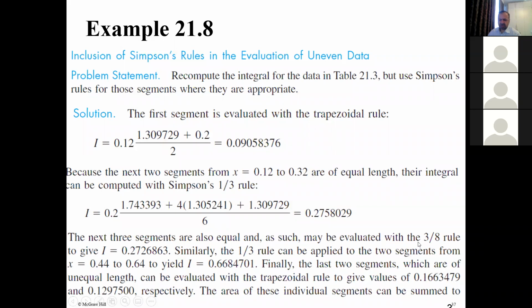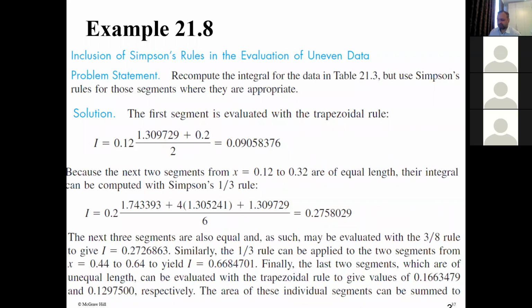Why the 3/8 rule in the next three segments, and why Simpson's 1/3 rule in the two segments? Why not just apply the same rule?